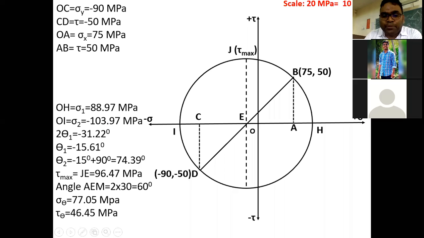Okay, understood? Next, you measure this O to I, and this is approximately 5.1, more than 5.2, you can say. So just multiply by the given scale. So it comes to 103.97 megapascal, but with a negative sign because it is located on the left side of the y-axis.